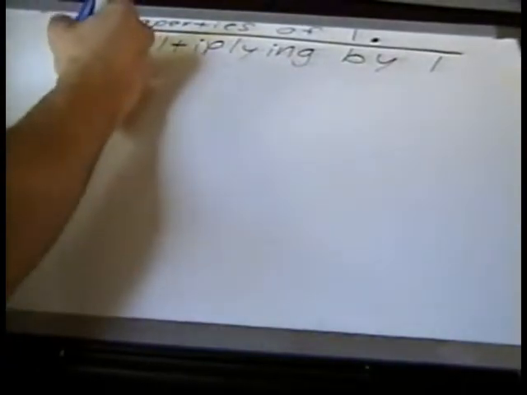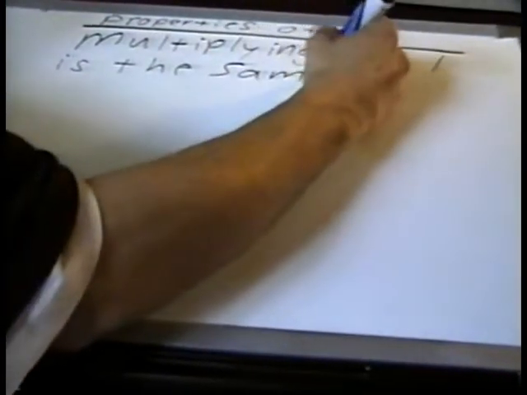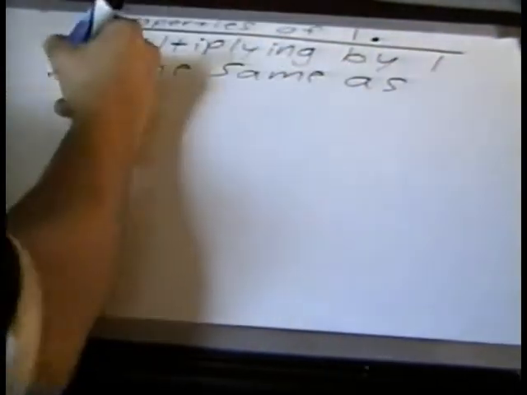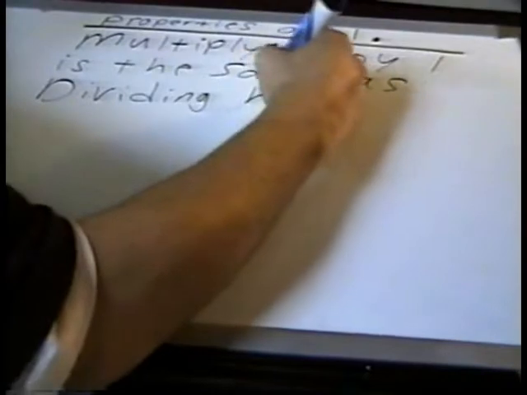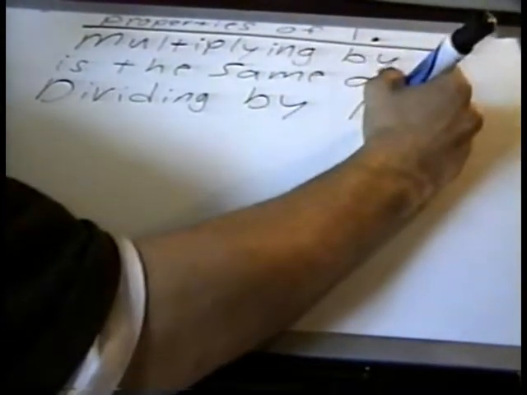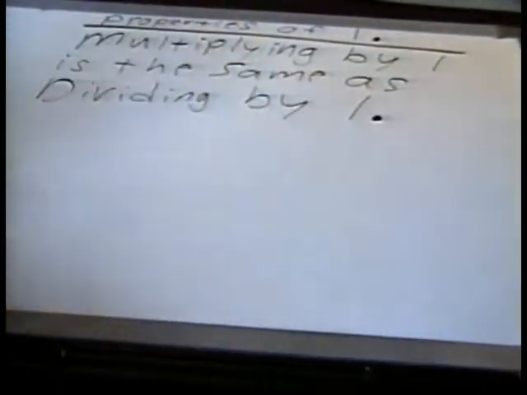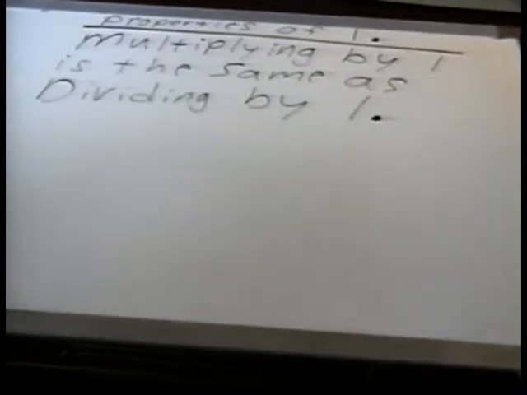My point here is to show that when we're dealing with factors or multiples, when we move the multiple from the left side of the equation to the right side of the equation, it goes to its opposite position, meaning here it's in the numerator. When I move it over here, it's going to be in the denominator.